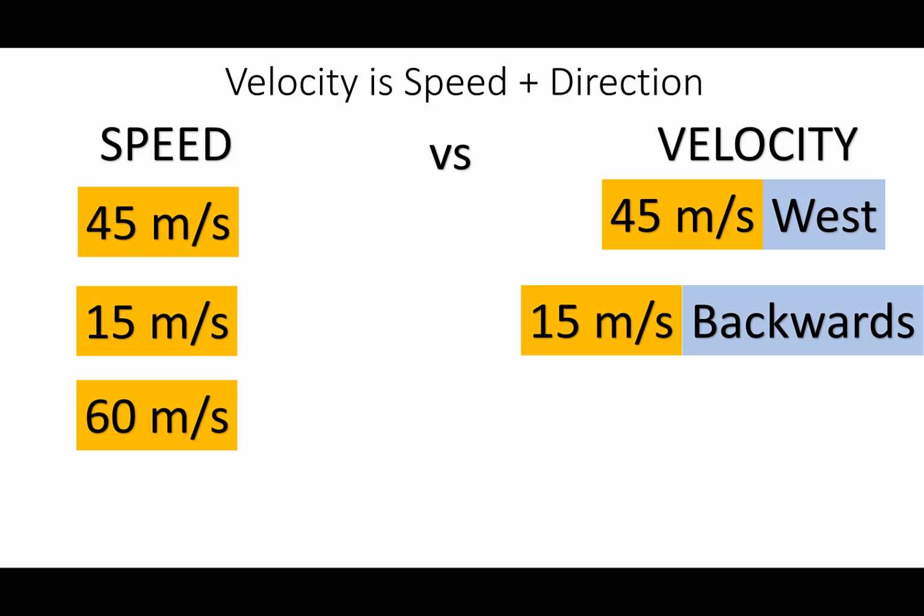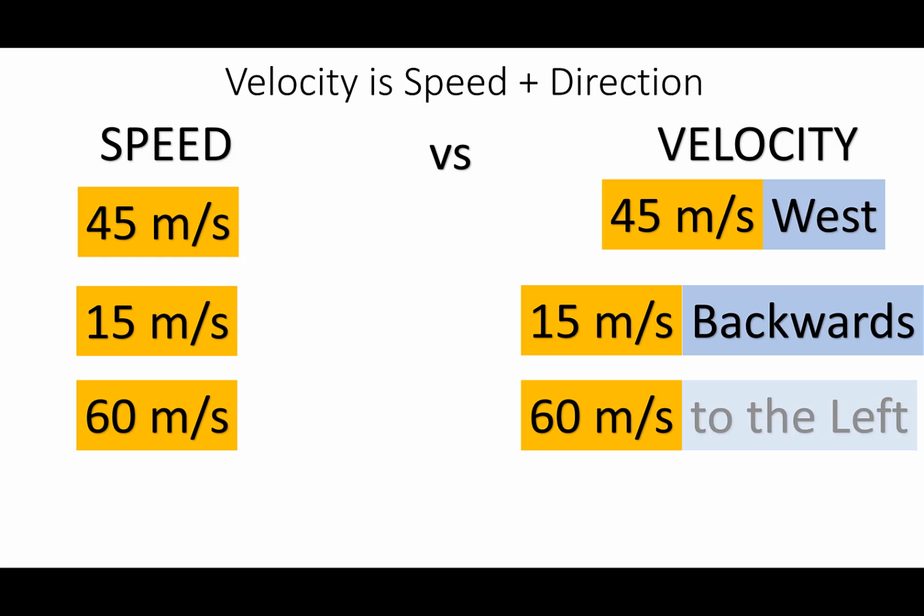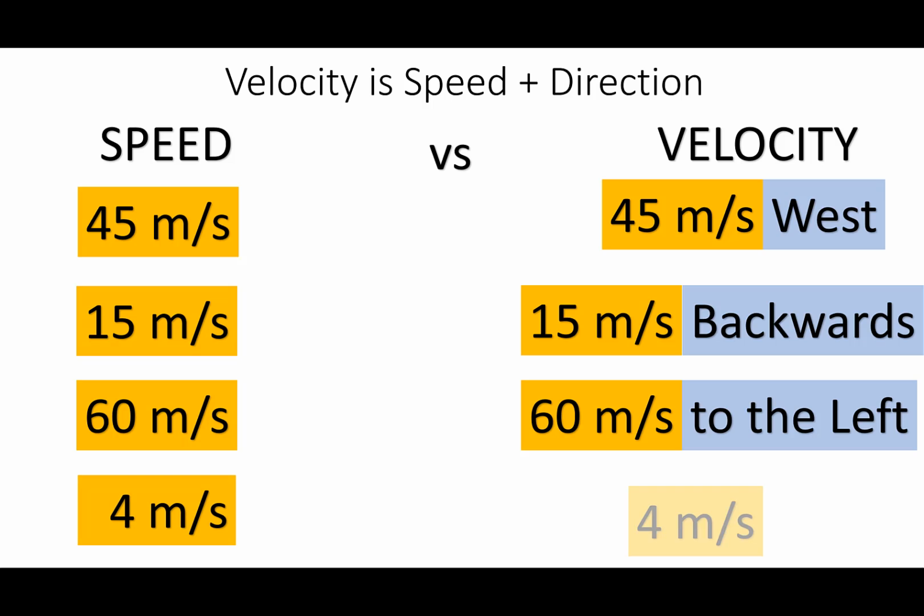Or maybe 60 meters per second versus 60 meters per second to the left. You see they're basically the same. 4 meters per second or 4 meters per second north. Any direction you add. You could say it's 15 miles per hour versus 15 miles per hour on the way to school. One's a speed, one's a velocity.